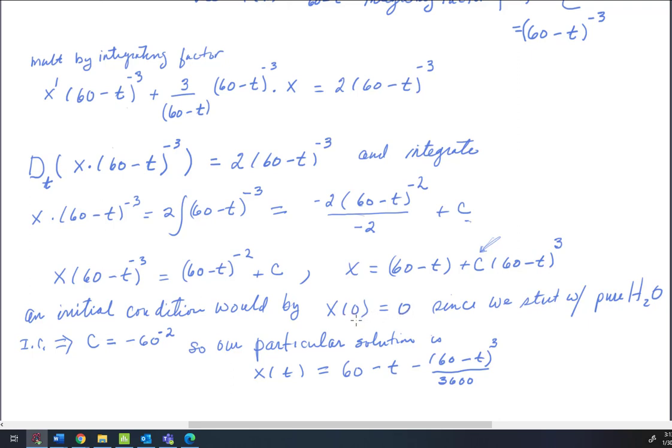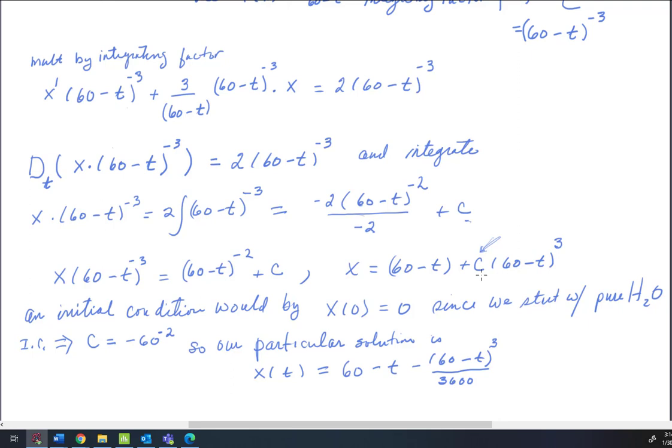We started out with pure water in that tank. So we do have an initial condition, x of 0 equals 0. If you use that initial condition in the general solution, that would be 0 is equal to 60 plus c times 60 cubed. You'll find that c is negative 1 over 3,600, which is what that is.